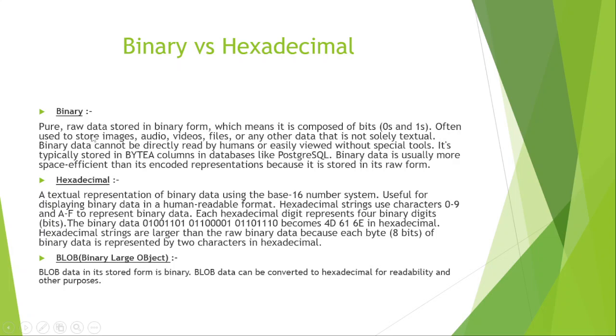So we convert binary into hexadecimal using the base 16 number system with the help of the characters 0 to 9 and A to F. Whatever binary data we represent in hexadecimal format consists only of characters between 0 to 9 and A to F. Okay, so with the help of hexadecimal we can understand what binary data exactly we are storing in the database.